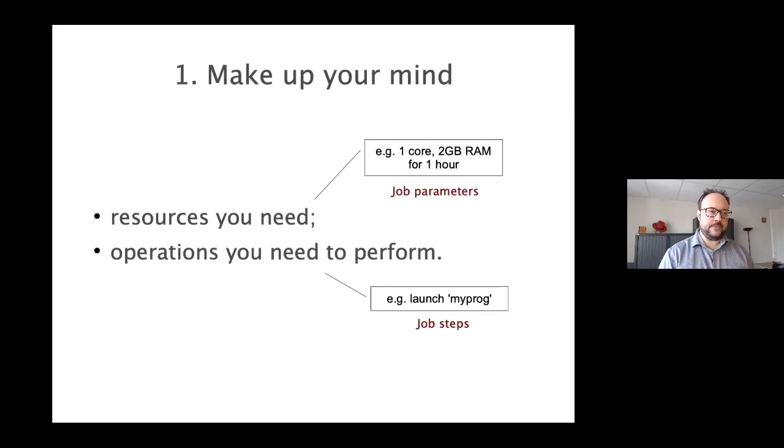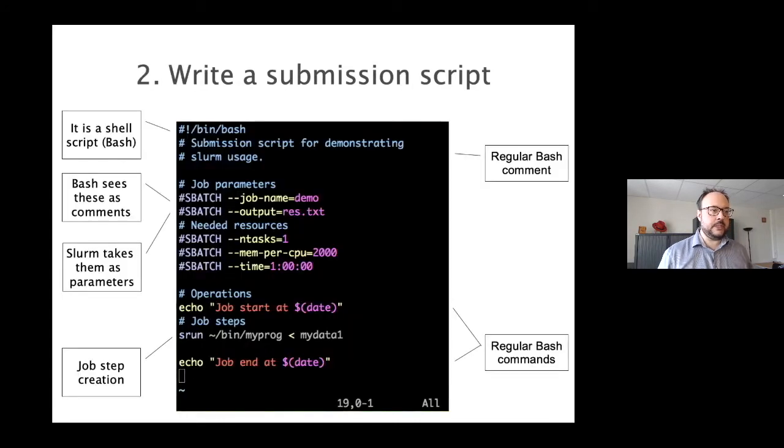So when you are all set with what you need to do, you need to put them in a submission script. A submission script is a shell script. The example that you see on the screen is a bash script, and it's composed of several parts. Here you see the shebang, which says which interpreter to use.